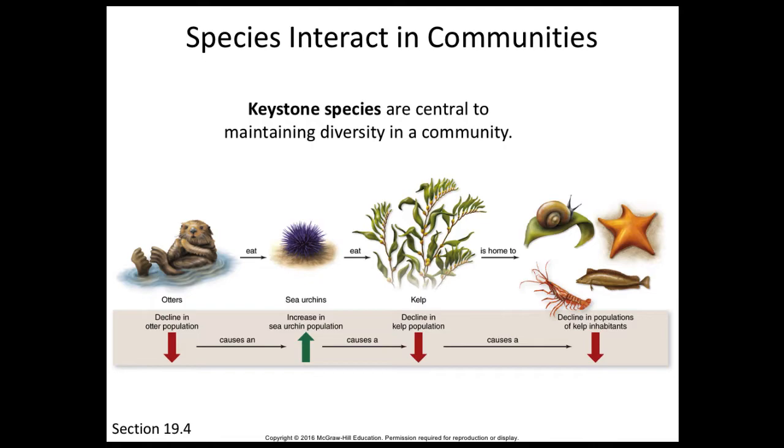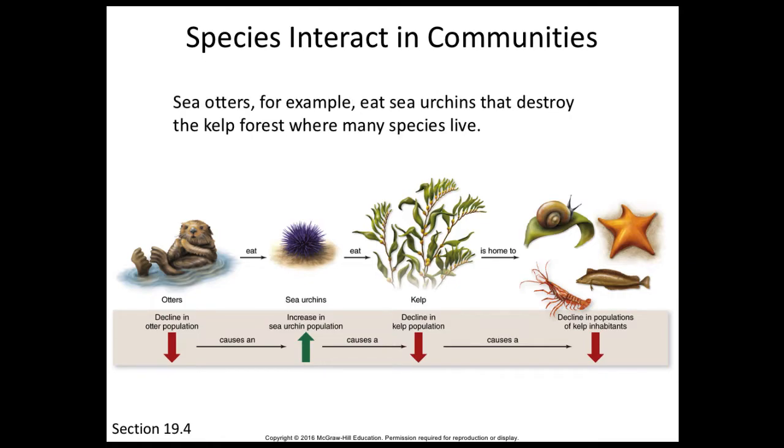Our next term is a keystone species. Keystone species are central to maintaining diversity within the community that they belong to. Sea otters, for example, eat sea urchins that would otherwise destroy the kelp forest if the otters didn't keep the population in check. The kelp forest provides habitat for countless numbers of species.